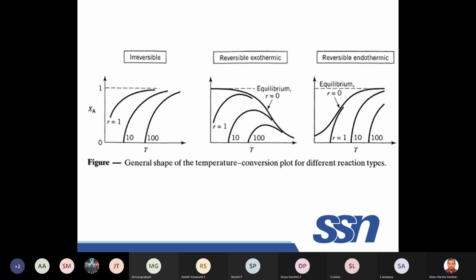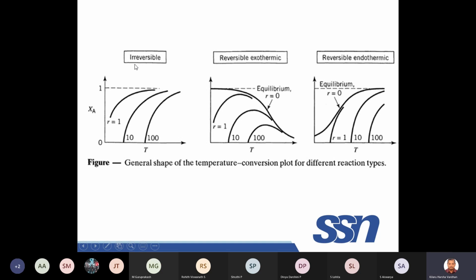One is reversible exothermic, irreversible exothermic, reversible endothermic, and irreversible endothermic. Right? So those are the four combinations. Out of the four combinations, we see three graphs.